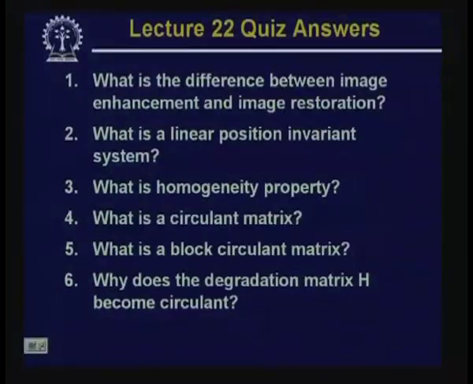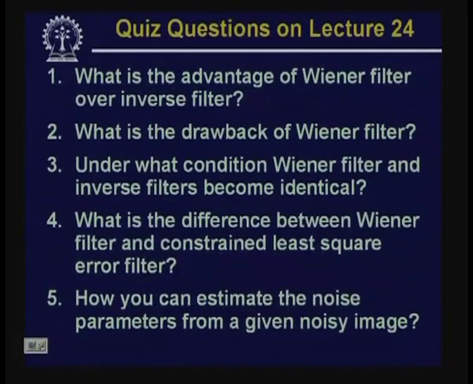Now, let us have some questions on today's lecture. The first question is, what is the advantage of Wiener filter over inverse filter? The second question, what is the drawback of Wiener filter?